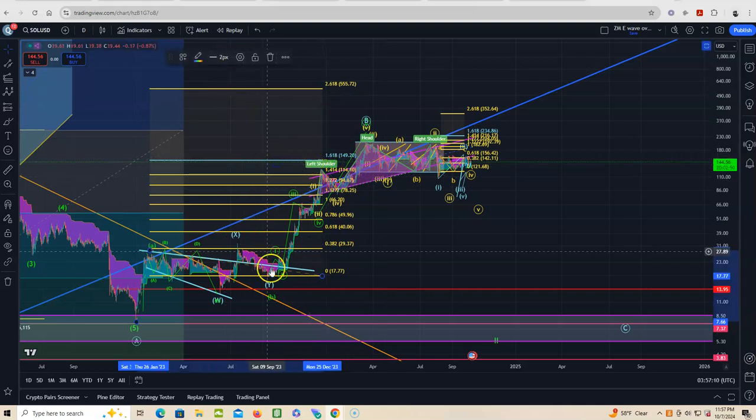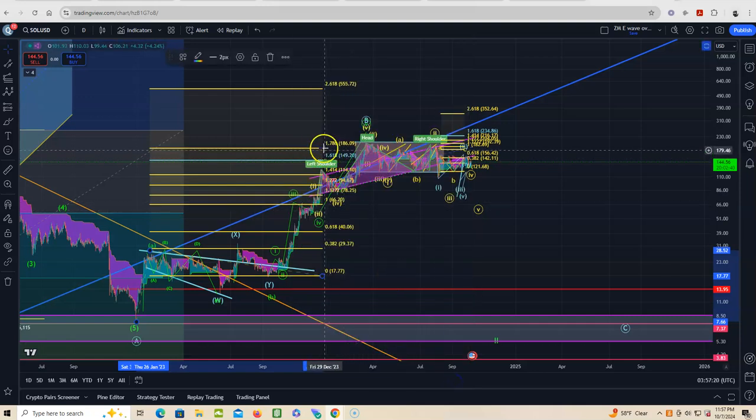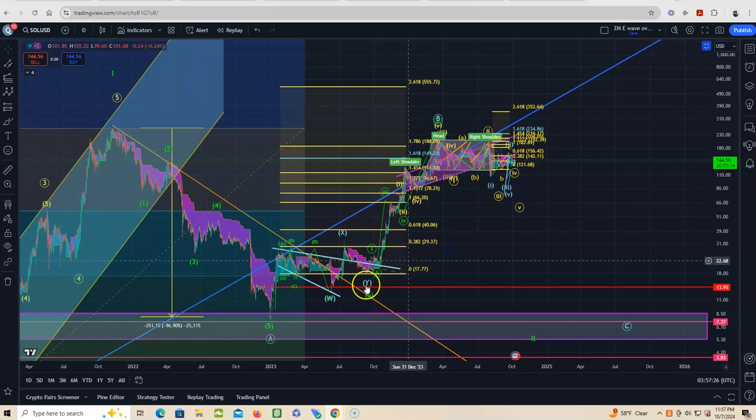Not here exactly, but we have a 1.786, and you'll see it shortly. Voila. And that is the completion of our C wave to the top. Now notice we did not clear the all-time high. We barely skimmed it, but we didn't clear it.